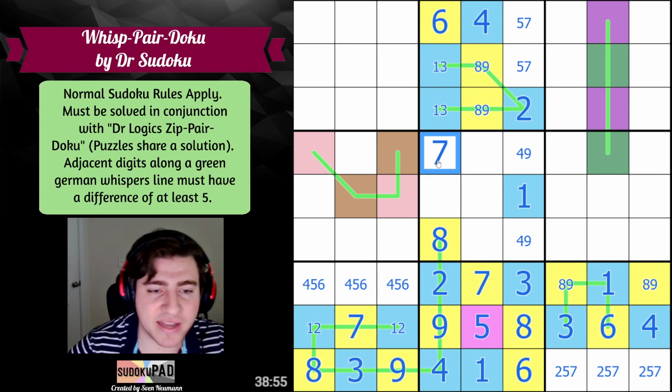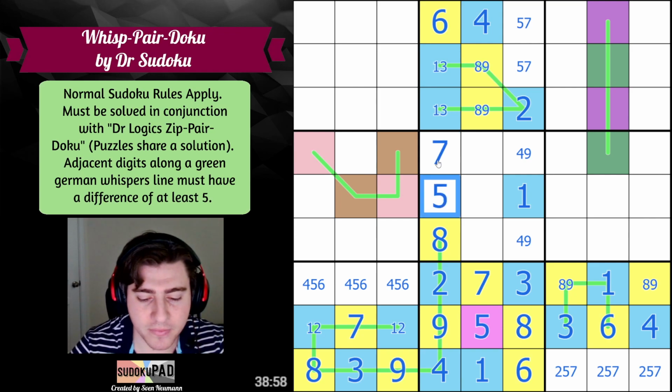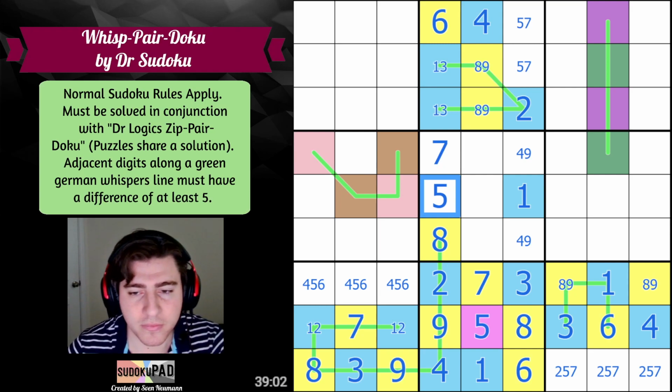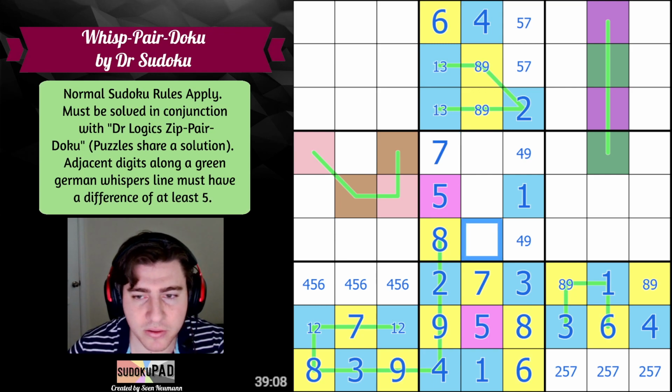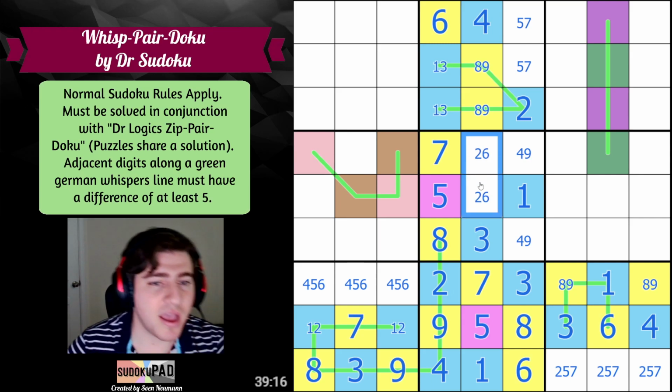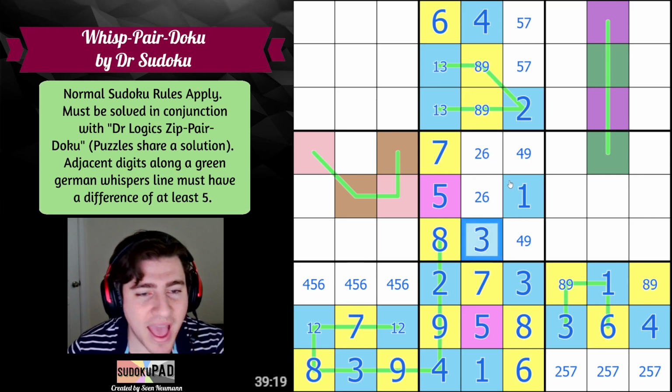So below that is our 5, which then would mean box 5, cell 8 is 3. And so above those has to be by elimination a 2 6 pair. And there we go. Look at that. We got quite a bit of progress there.